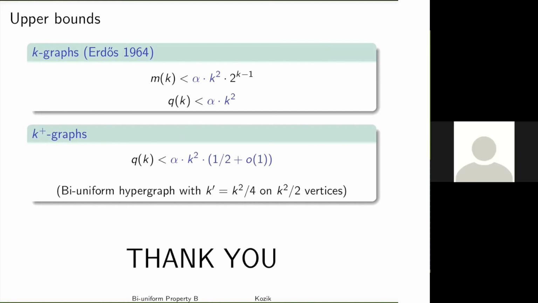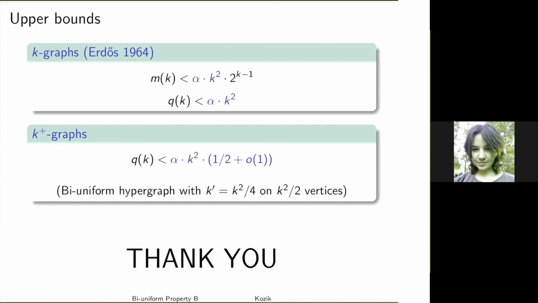Yeah, thank you. I have a small comment. Recently, we considered the co-function for the case of uniform hypergraphs, but not proper coloring, but for the case when we forbid small black edges and big white edges.